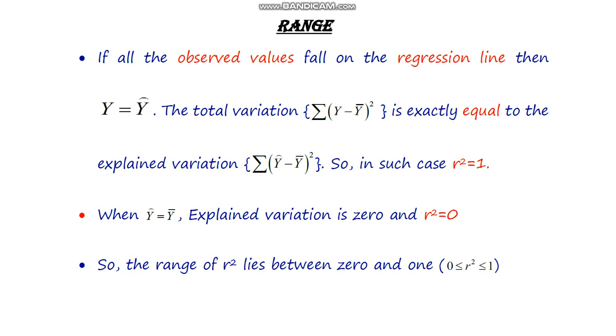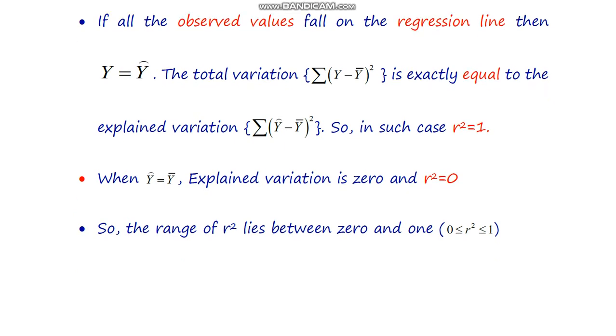If our predicted or estimated value y cap is equal to y bar, then we put y bar here, this explained variation term is 0, and 0 over something is 0, so R square is equal to 0. For this reason the range of R square is 0 to 1.